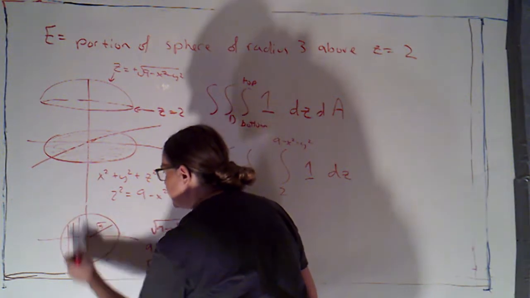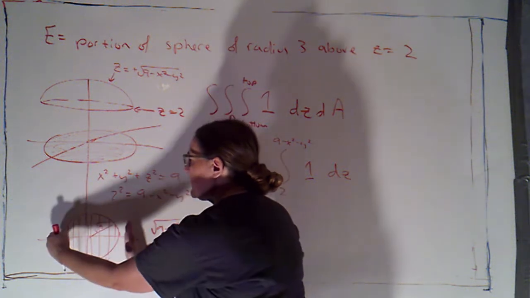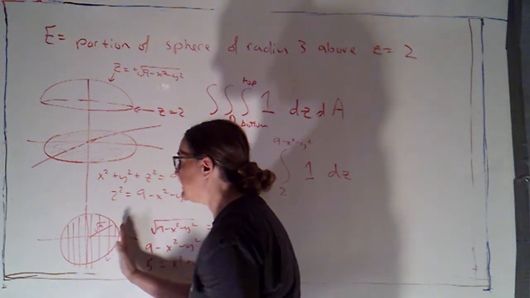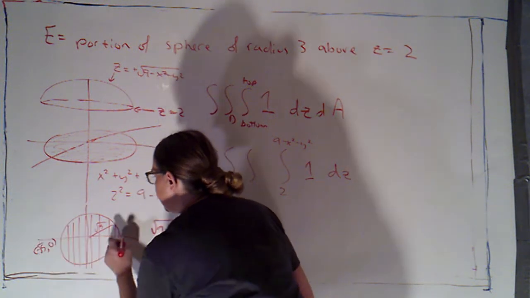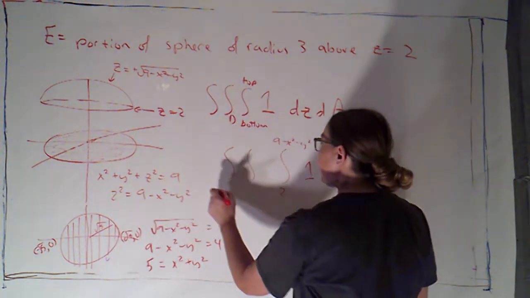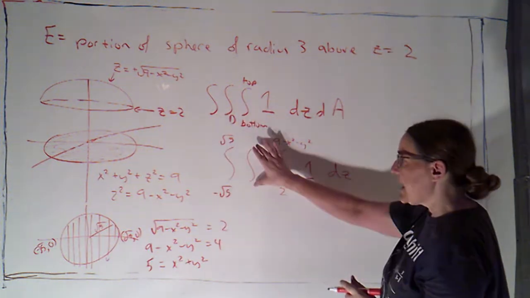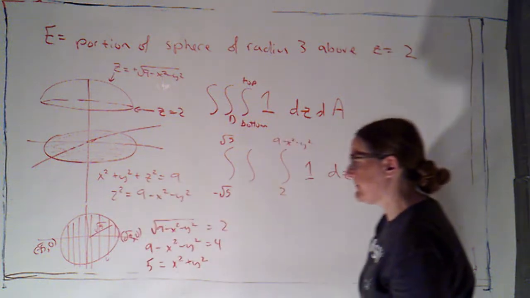Now, if I want to view that as a type 1 or type 2 region, I know I want to slice it. I'm going to slice it this way so that the slices would start at negative root 5 and end at positive root 5. So this would be the point negative root 5, 0, and this would be the point positive root 5, 0. So my x values are going to go from negative root 5 to positive root 5, and then my y values will just go from the bottom half of the circle to the top half of the circle.